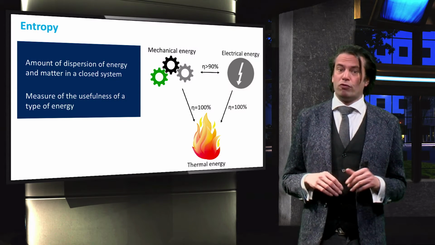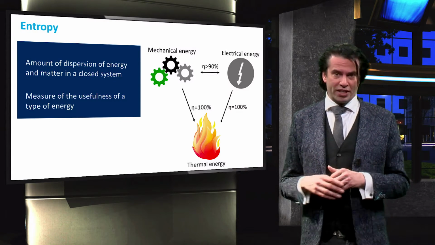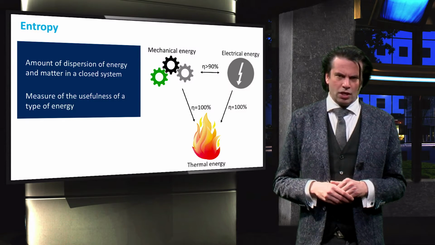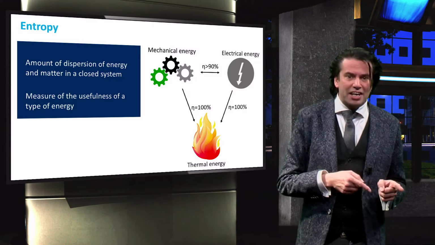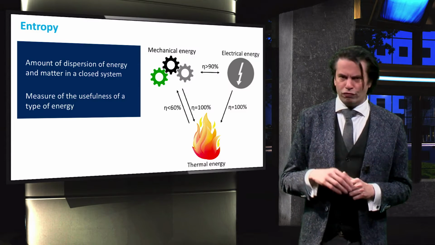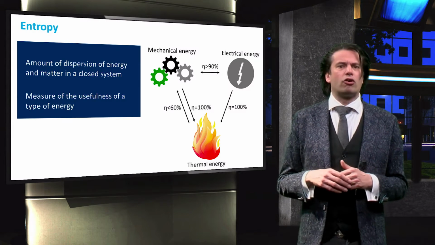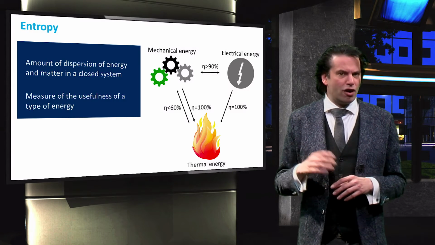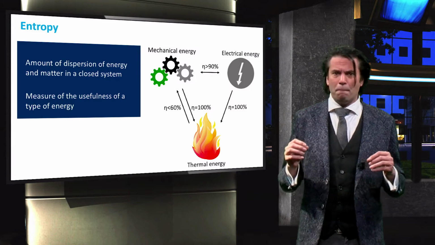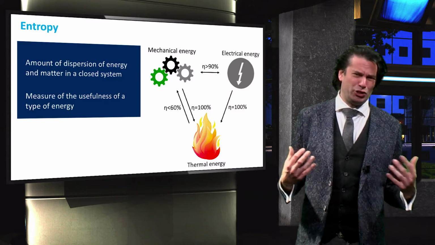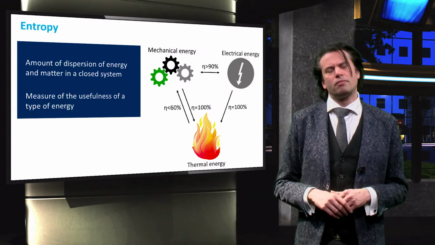Both can be converted into thermal energy without any loss. Thermal energy, however, cannot be converted into electrical energy directly, and its conversion into mechanical energy occurs at an efficiency of under 60%. Thermal energy is the most distributed and least useful form of energy.